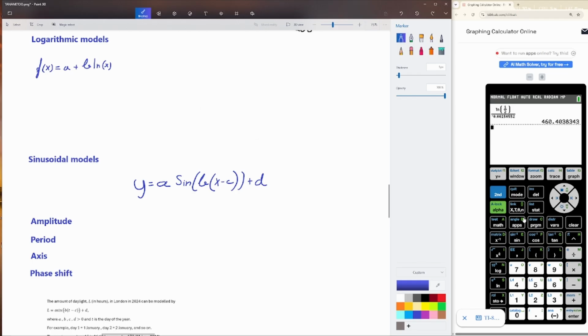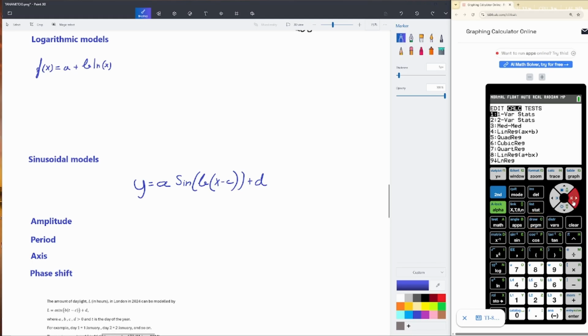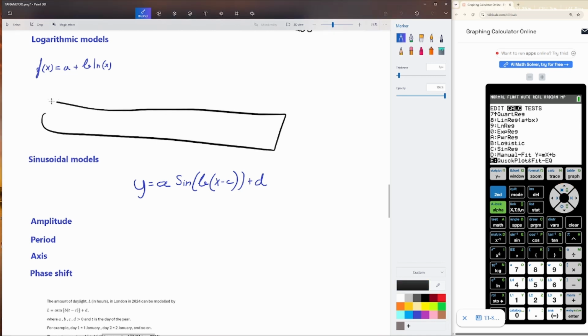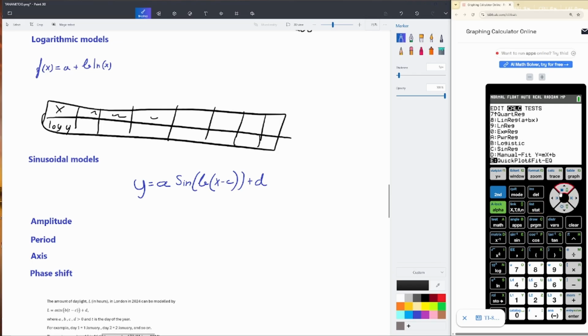And something very important that you have to know with logarithmic functions is that you have your calculator, and usually you're given data. What this means is that you're given slots, and the slots are filled with x and let's say log y, and you have your data all over, and then you just go to stat calc, and you see there's two types of reg.